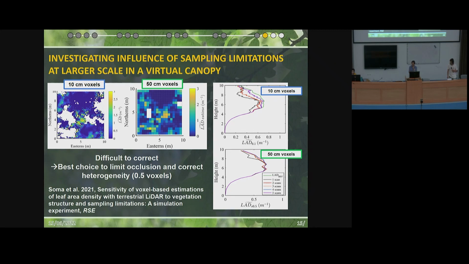But for example, for an isolated branch, you consider the same volume and the same vegetation, and even in that case, summing the 10 centimeter voxels compared to the 50 centimeter one, you have almost twice the underestimation. It's due to the convexity when you invert the transmittance, and there is really a clumping effect. Thank you very much.